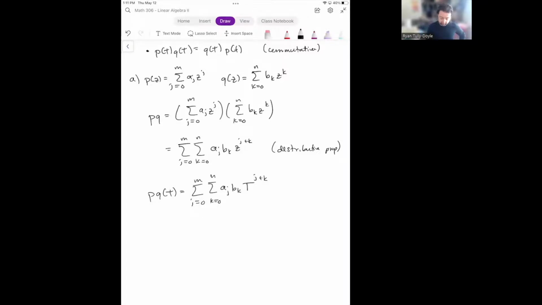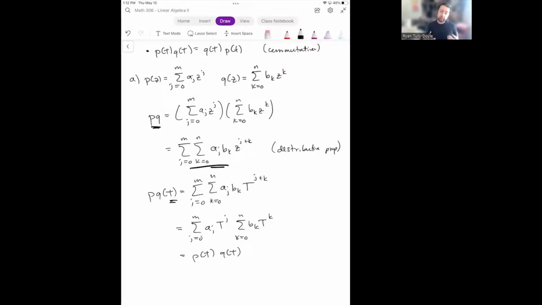Multiplying the polynomials together got this structure for PQ as a polynomial in Z. That gives us an object that we can put the operator into, and then we can decompose that using the rules for how operators work to just rewrite this as the sum from J equals 0 to M of AJ T to the J, sum from K equals 0 to N of BK T to the K, and this is just P of T times Q of T.